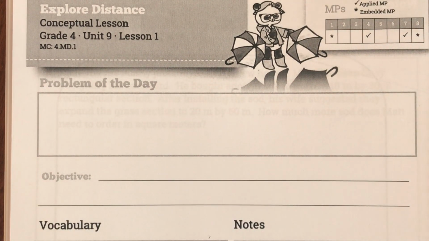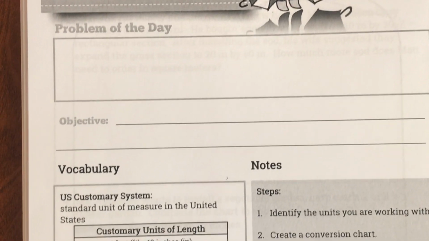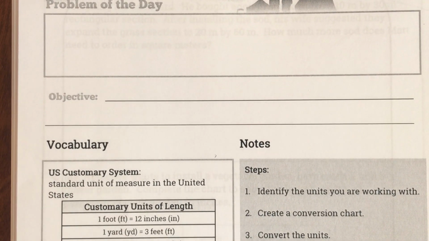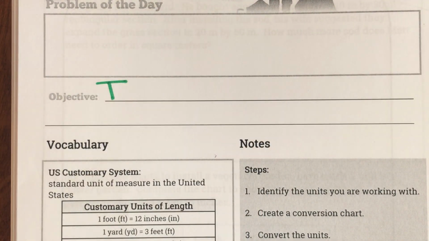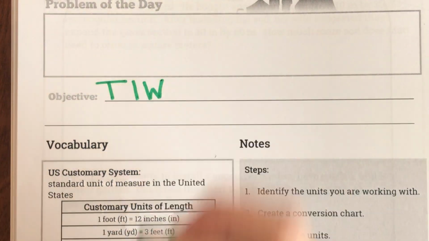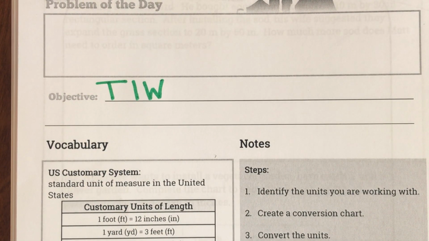Okay, let's get started. Our goal today, or our objective today, is I'm going to do like a shortcut. Instead of writing the words "today I will" every day, I usually just put "today I will."